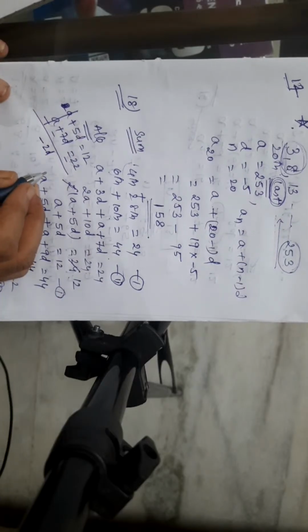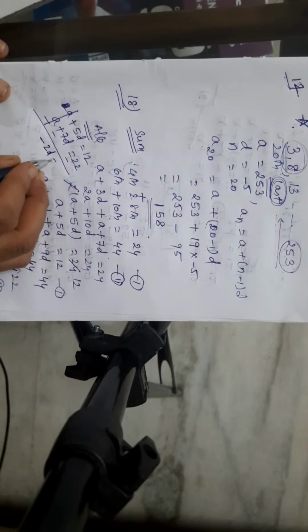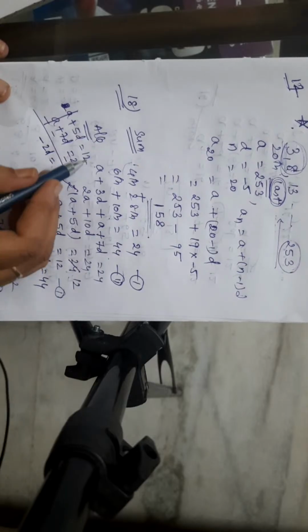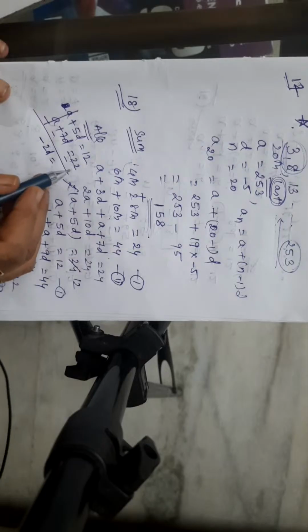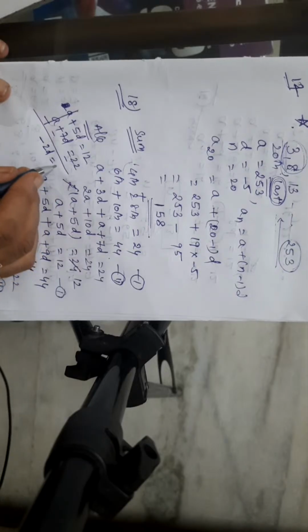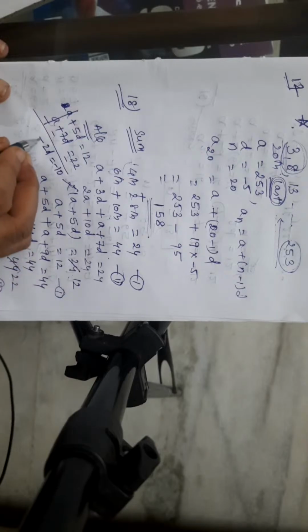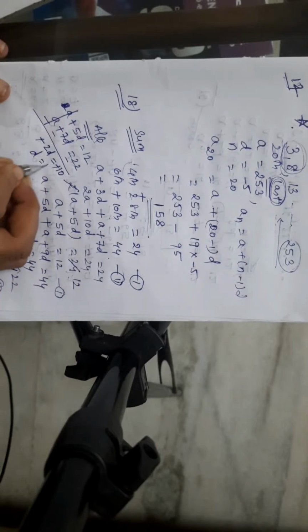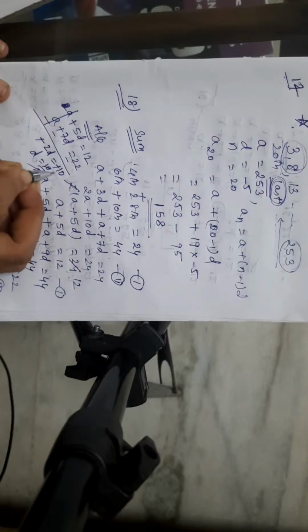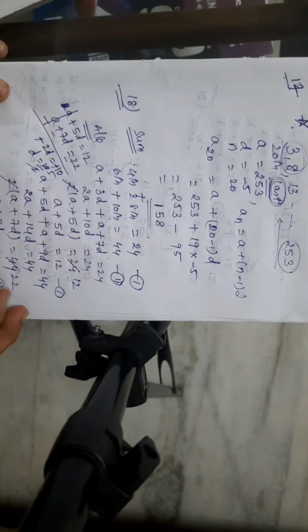If signs are opposite, we need to subtract and take the big number's sign. 12 minus 22, plus minus minus, subtract them. So it's minus 10, always the big number's sign is taken. So minus will get cancelled. d is 10 upon 2, 5. We got the value of d as 5.